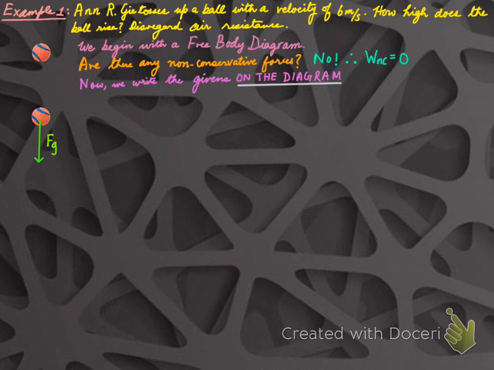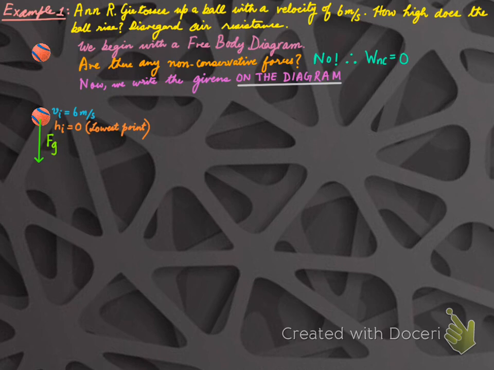Next, we're going to write our givens on the diagram. You'll see that I do this a lot for problems on energy, because as it turns out, labeling things on the diagram works much better. It's visually more helpful. So, to begin with, the initial velocity is 6 meters per second, because that's the velocity with which NRG tossed the ball up. Now, h initial is 0.